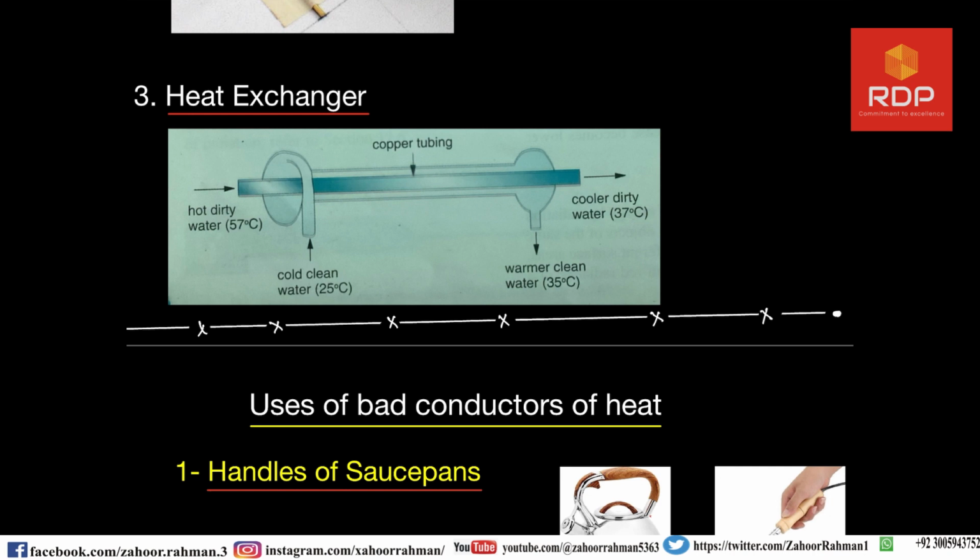So let me tell you that in this heat exchanger there is a copper tube. This one is a copper tube, and that is used to exchange the heat. Specifically, we are talking about the laundry heat exchanger.